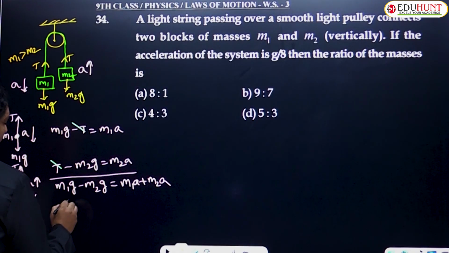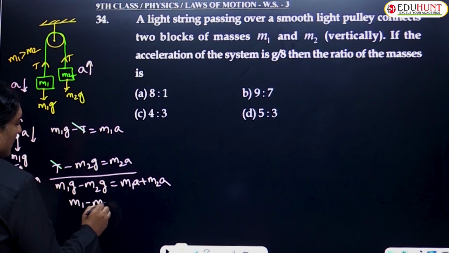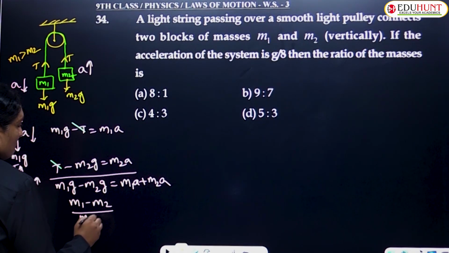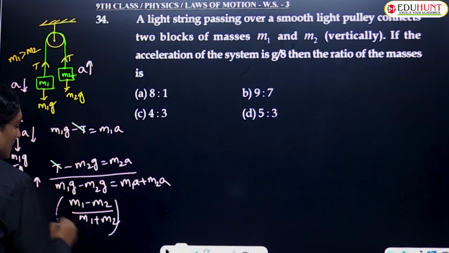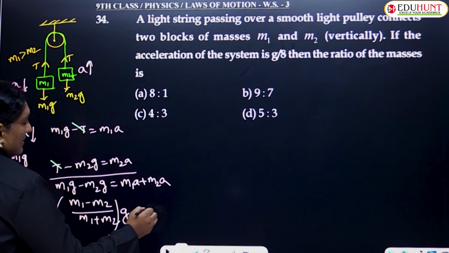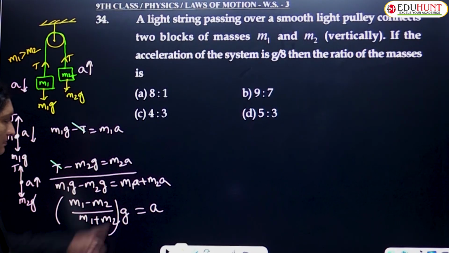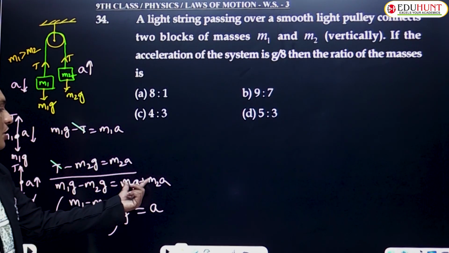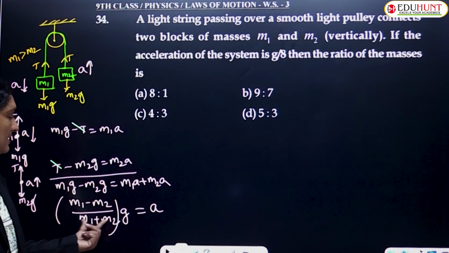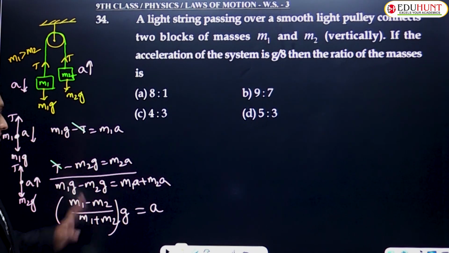Taking g common, we have m1 minus m2 by m1 plus m2 into g is the value of a. Here, a taken common leaves m1 plus m2, which I brought downwards. That's it, children.